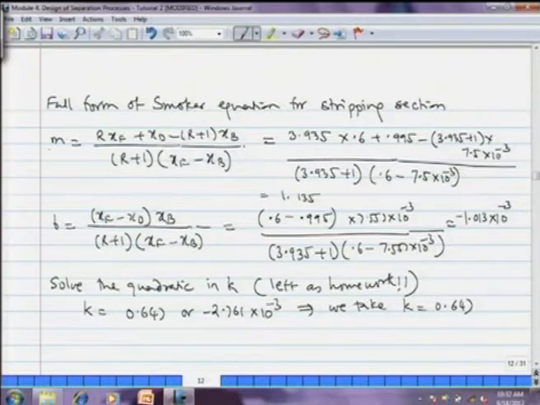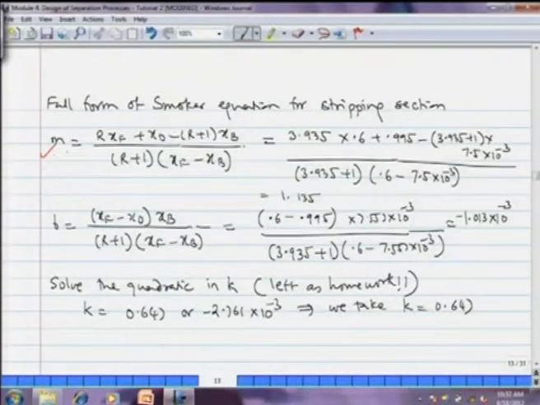Now, the derivation of this particular equation you have already covered in the course of mass transfer. I request you to revise the equations of the operating line, as that will help you in understanding this. The derivation of these equations is also given in standard books like Mass Transfer Operations by Treybal and Unit Operations by McCabe and Smith.